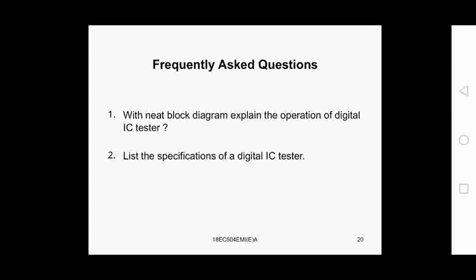If after 10 to 12 seconds it is heating up, you can say that the IC is not working perfectly. And you can have the question to list the specifications of the digital IC tester. If the question comes for 3 marks, you have to write at least 6 specifications. If it comes for 1 mark, then you have to write at least 2 specifications of the digital IC tester.